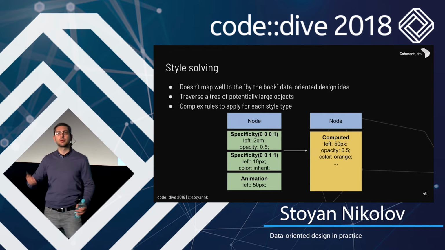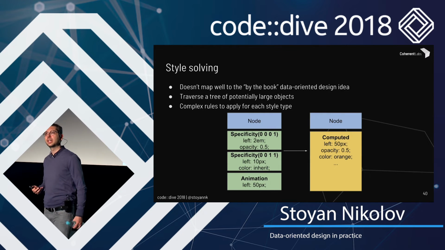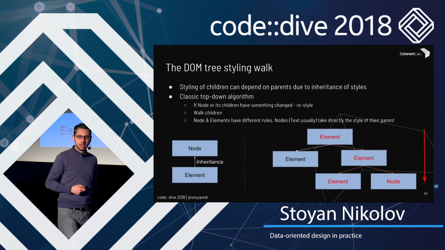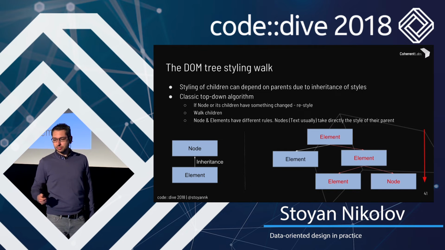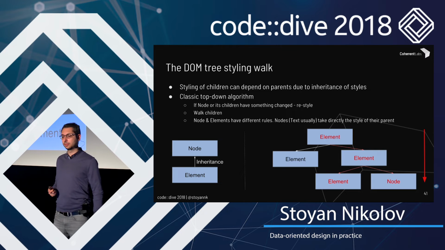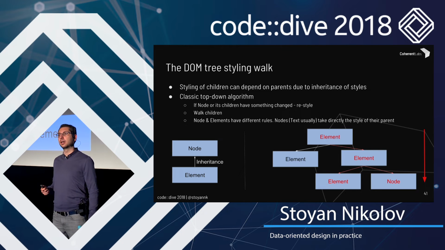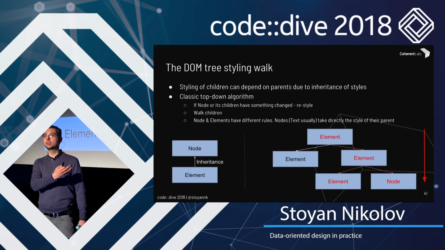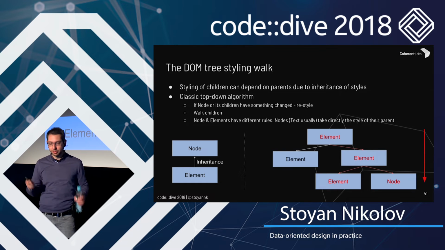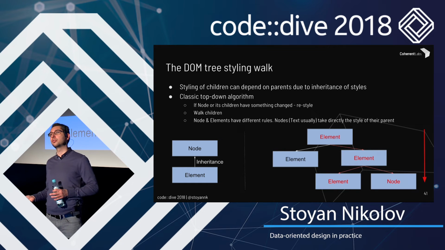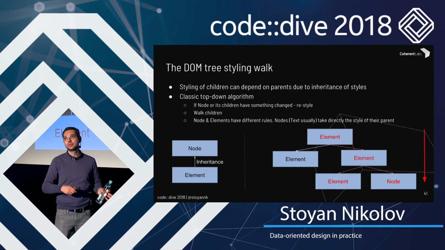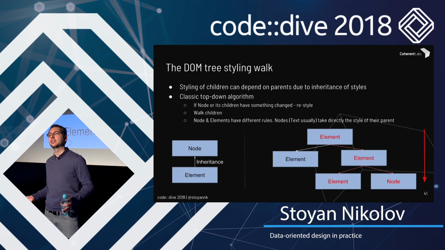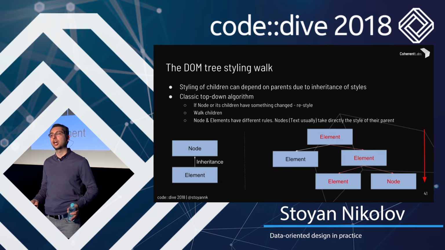The nodes in our system are big objects. So if we do that for everyone, we're accessing a lot of data that we won't be using, so it's a performance penalty. So the simplest way to do it, and actually close to the way it's done in Chromium, is to start from the root of your tree, look if an element or some of its children have changed, and decide if to go left, to go right, or to go both ways, to apply the style rules to every child.